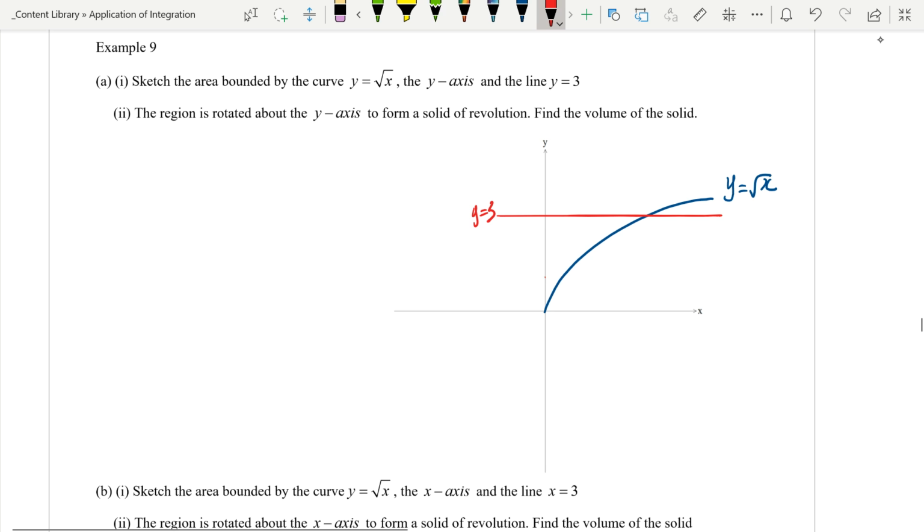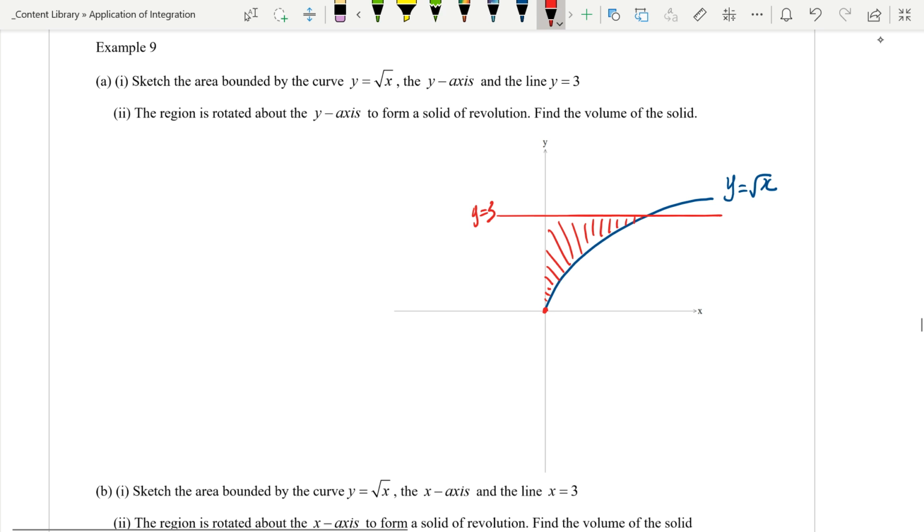The region I'm talking about is this area here. This is the shaded area. The shaded area is bound by the y-axis, y equals 3, and the line y equals root x.